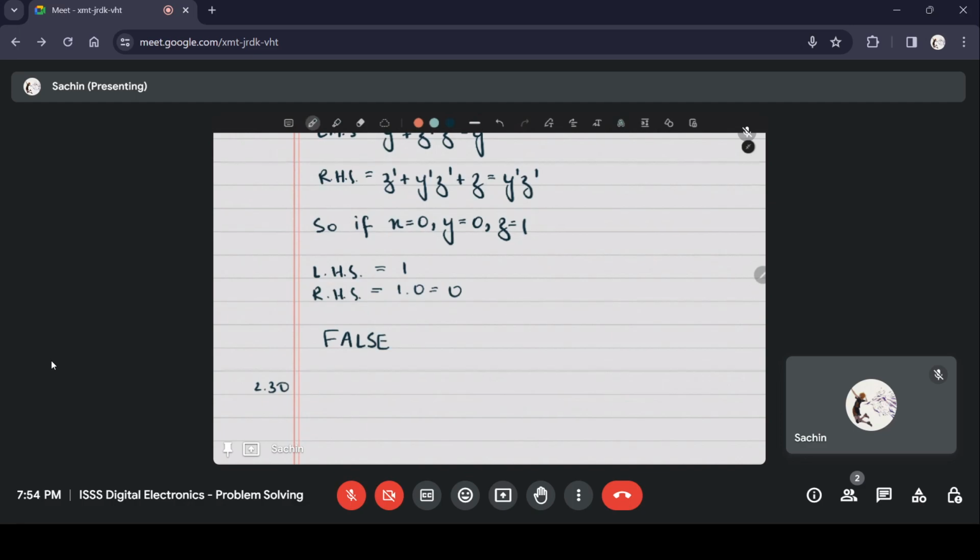Question 2.30. Write the following Boolean expressions in sum of products form.